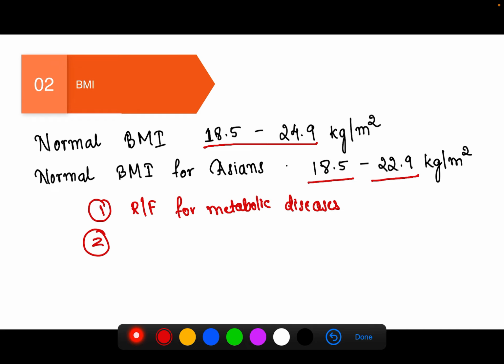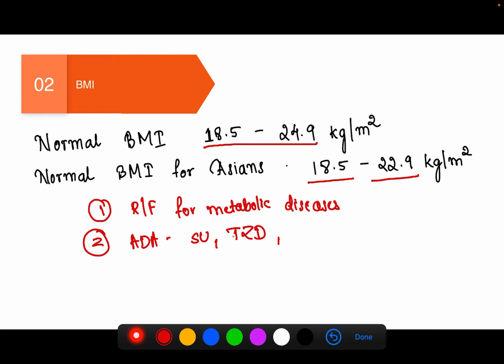The second reason is there are certain anti-diabetic medications which can cause weight gain. For example, can you tell me a few examples of anti-diabetics which can cause weight gain? The first is sulfonylureas, your glimepiride, gliclazide, etc. Then the second is thiazolidinediones, rosiglitazone, pioglitazone, these.